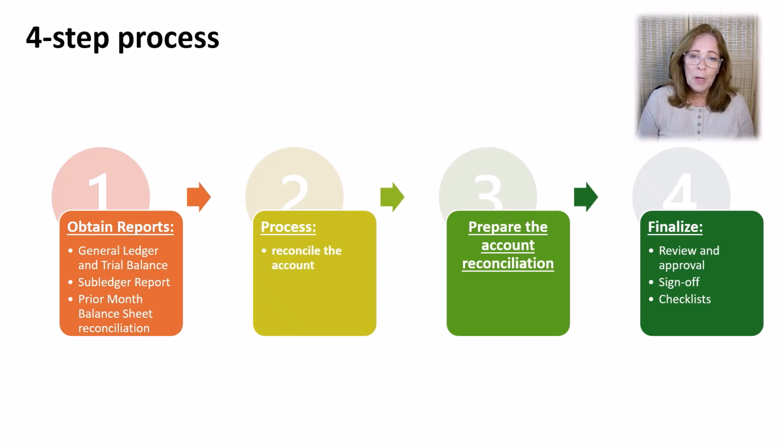So after you've prepared and signed off on the reconciliation, you would also sign off on the account reconciliation tracker that you've completed the reconciliation. The reviewers will do the same once they complete their review and approval. In some instances, additional checklists like the internal control or SOX control checklist may need to be signed off on as well. The larger the company, the more complex the procedures.